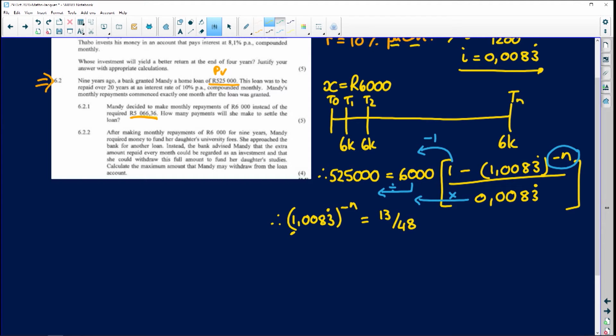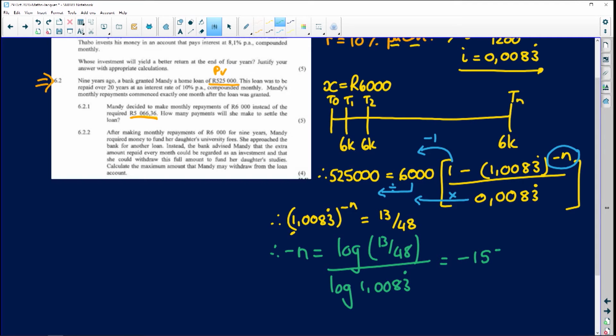So we're going to go straight away and say this is minus n, which is the log of 13 over 48 divided by the logarithm of 1.0083 recurring. You get minus 157.402. Now, obviously, we can just drop the two negatives there and we have a positive answer, which is what we need. It's a period.